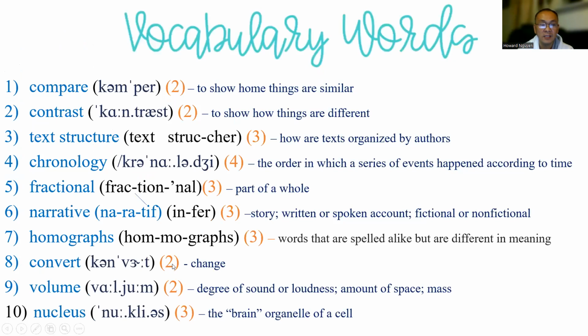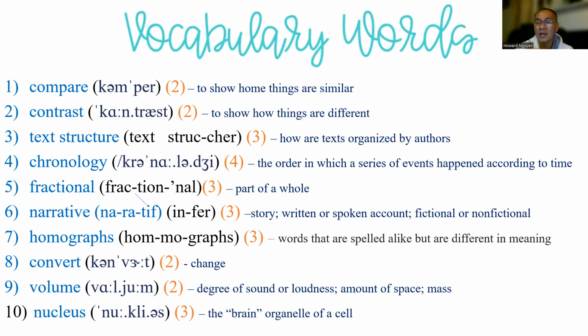Then we have learned about these different vocabularies. These are our academic vocabularies that we have discussed about the contents that we have learned in class. The first one is compare. When you compare, which is a verb, you show how things, how people, how ideas are similar or almost the same.